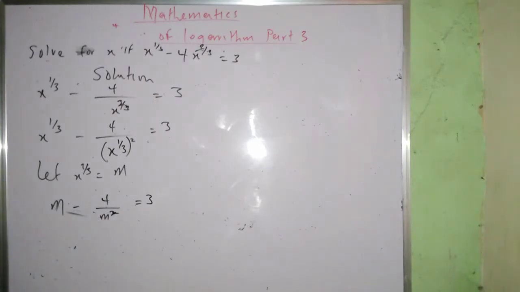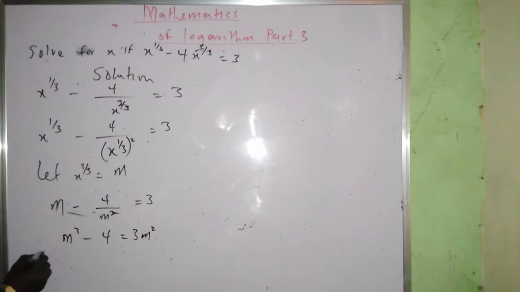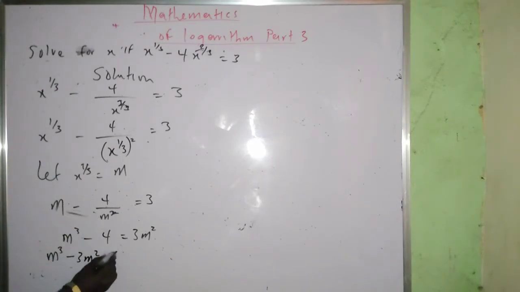Now, how do I solve? Multiply all through, which I have m minus 4 equals 3m squared. Now, I can answer that my m raised to power 3 minus 3m squared minus 4 equals 0. Now, if I'm to solve this type of problem, this is a polynomial.